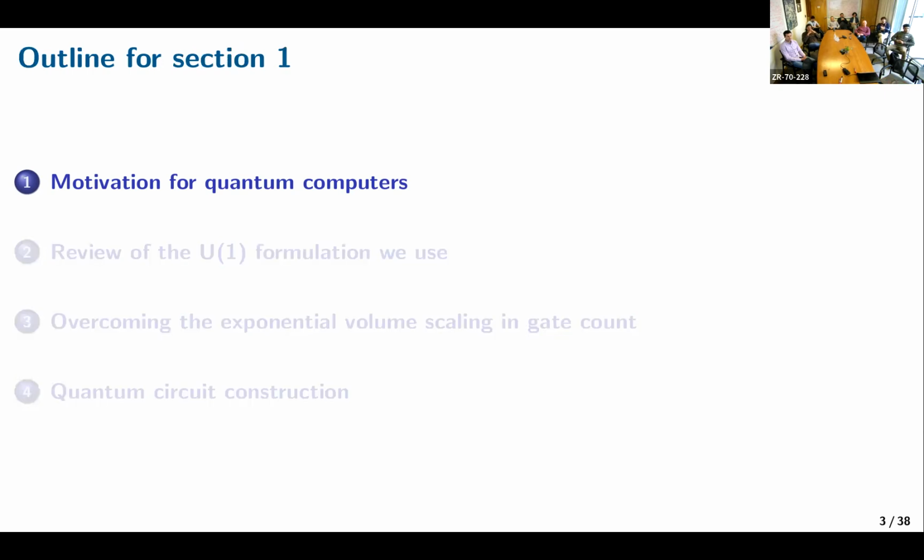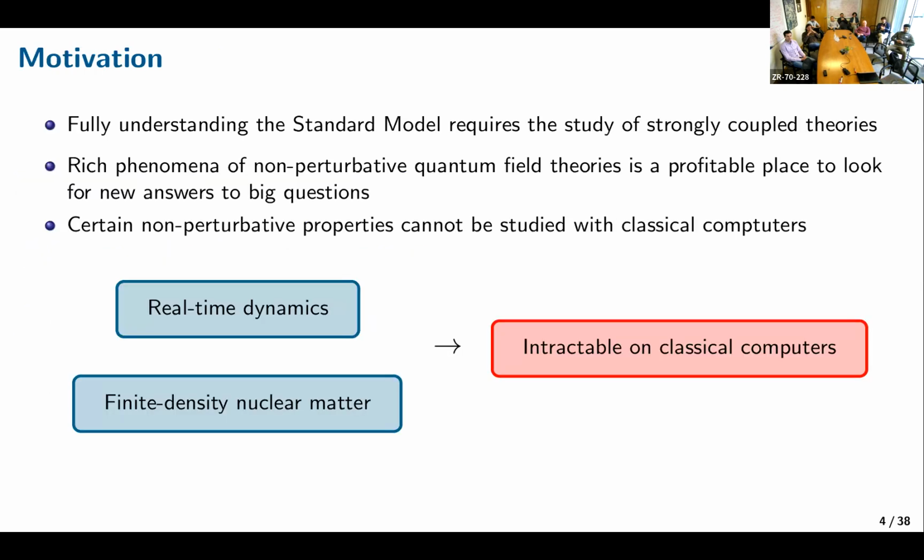So starting with the motivation. If we want to fully understand the standard model, we need to be able to study strongly coupled theories. Within these theories, there are rich phenomena of non-perturbative physics, and this is a really profitable place to look for new answers to big questions.